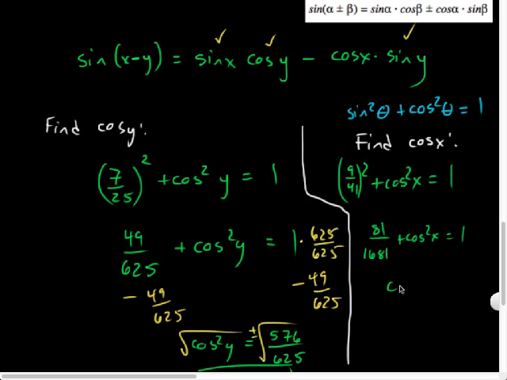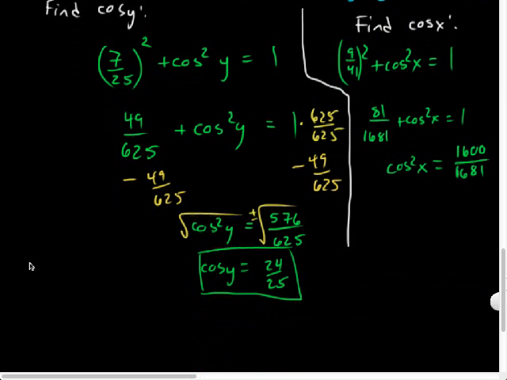Subtract that from both sides. I end up getting cos squared x equals 1600 over 1681. What do you think I do? Root both sides, technically plus or minus, but what quadrant am I in, Sam? First quadrant, so cosine is going to be positive.